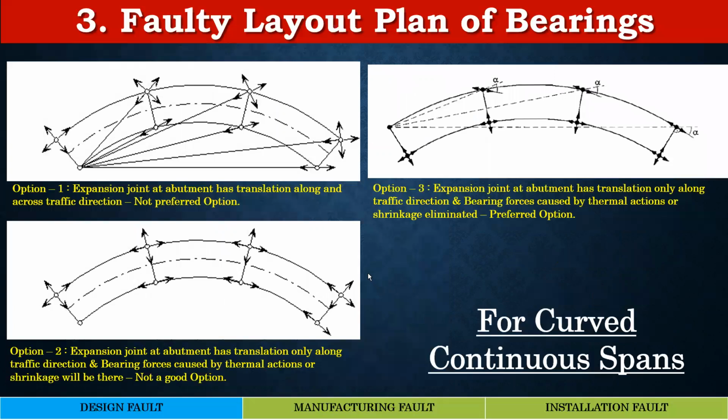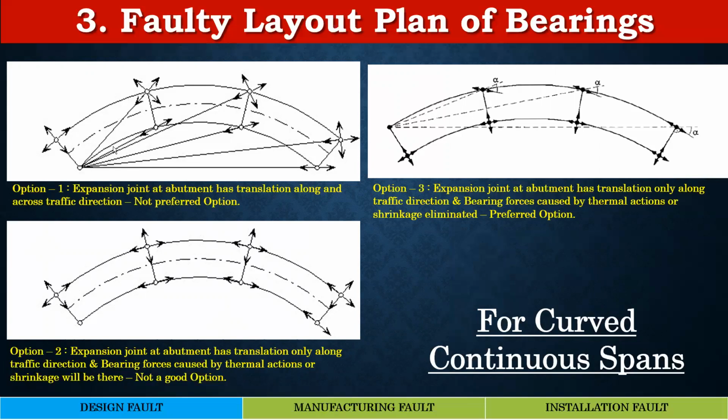For curved spans, continuous curved bridges, there can be many options for choosing the bearing layout as shown in this slide. Location of the fixed point, that is the zero movement point, is important, and that decides the orientation of the guided bearings. Those who are not familiar, let me just quickly explain that in any curved continuous deck, once you choose the location of the fixed bearing, then the orientation of the guided bearing in all other spans will depend upon the location of the fixed bearing.